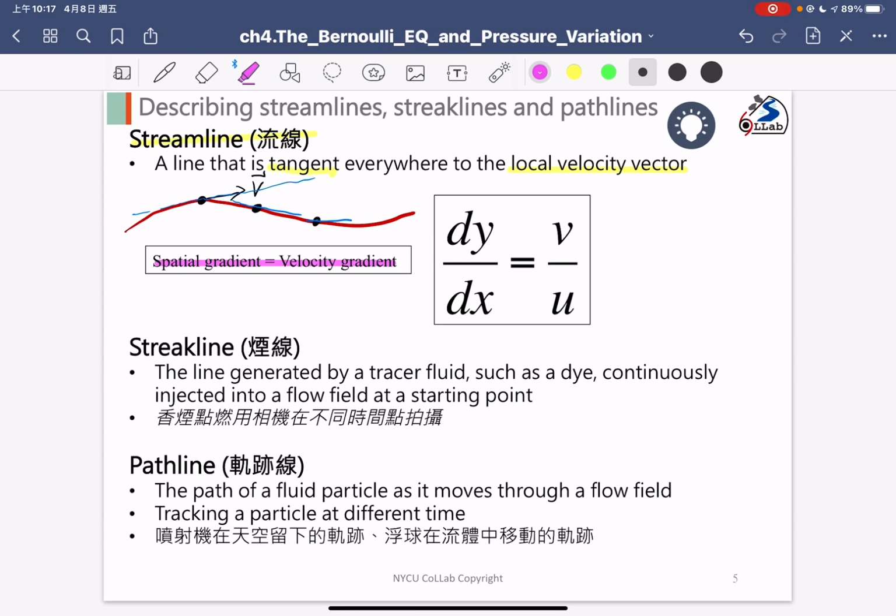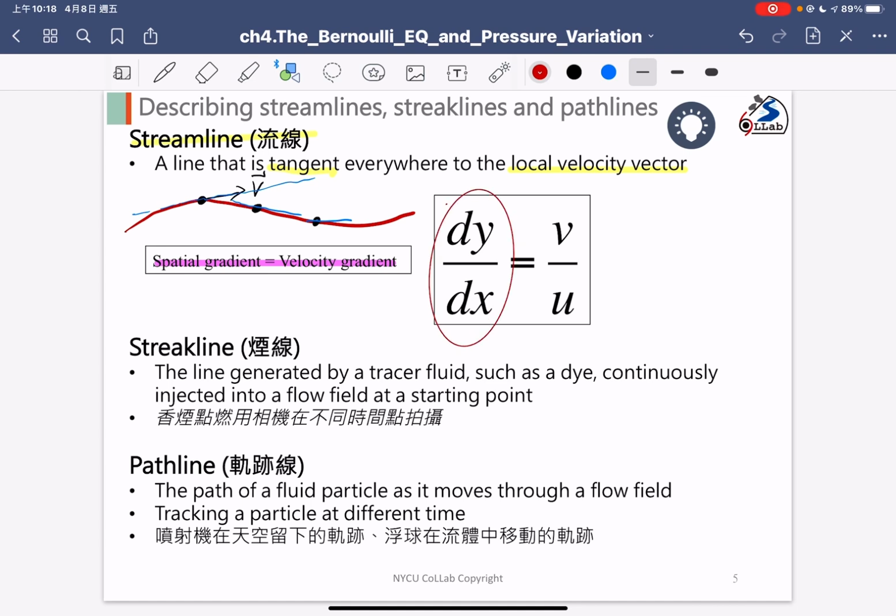This is the definition because the tangent direction of the line is parallel to the velocity vector. That indicates the spatial gradient will be equal to the velocity gradient. Okay, so you see the mathematical definition here, the left-hand side shown here.